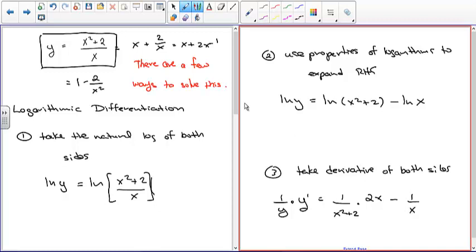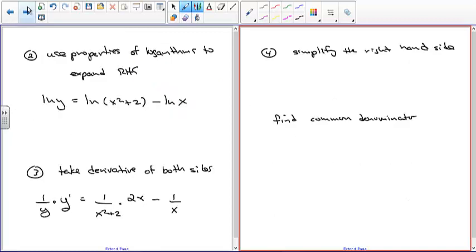Okay, next thing you do is you simplify the right-hand side. So what that typically means is you find a common denominator. Let's leave the left-hand side the way it is, and let me just rewrite this. I'm not doing anything yet. I've just moved the 2x to the numerator. So the common denominator would be x squared plus 2 times x.